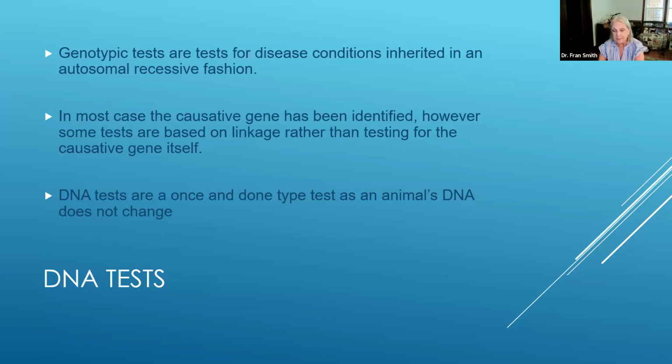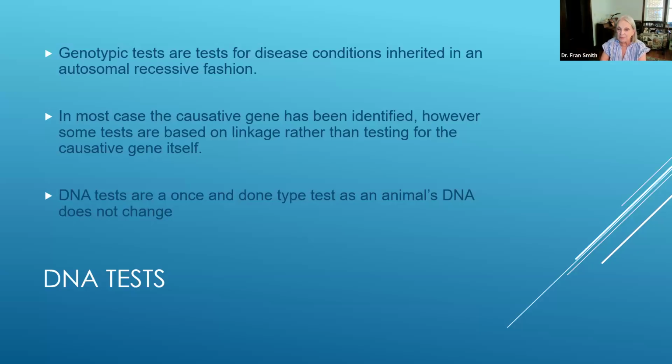And I want to give you an example here because I think that's important. We talked about DM in one of the breeds I just looked at with you. That is a disease that ends up in loss of the covering of the nerves, so the dog's rear end does not function properly. It is not painful, but it results in inability to use the rear end. 2 copies of the DM gene means that genetically the dog is affected with the disease.